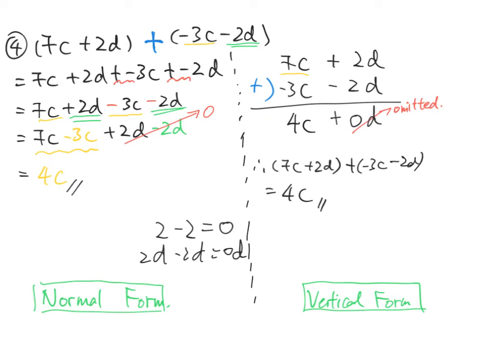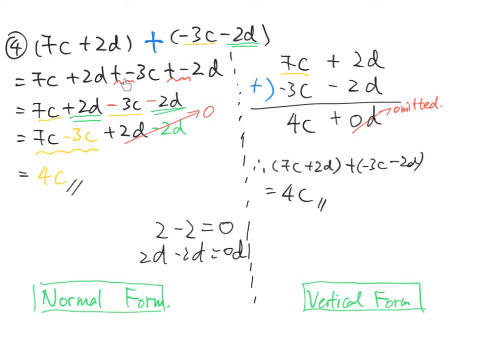In this page, we will use two methods, normal form and vertical form, to finish a problem of addition and subtraction of polynomials. For the normal form, you may consider it like this: 7c plus 2d, copy here, and then plus minus 3c.